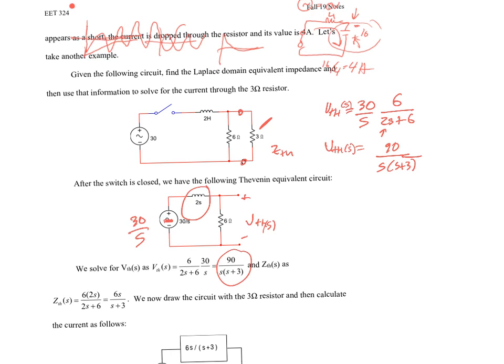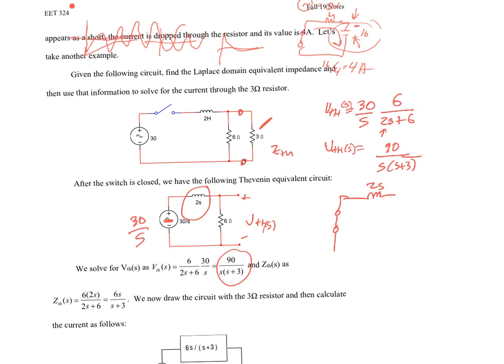How do I solve for Z Thevenin? How would you solve for the Thevenin equivalent impedance in the Laplace domain? How about exactly how you would do it in the time domain? You replace ideal sources by their equivalent internal impedance. What does a 30-volt DC source have for an internal impedance? A short circuit. What would that be in the Laplace domain? Still 0 ohms, right? So my DC source is just a short.